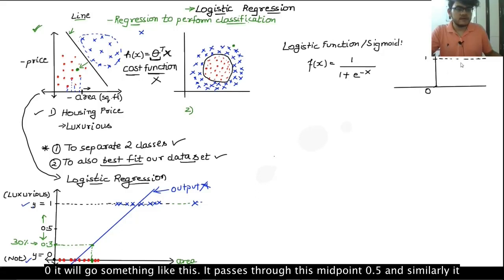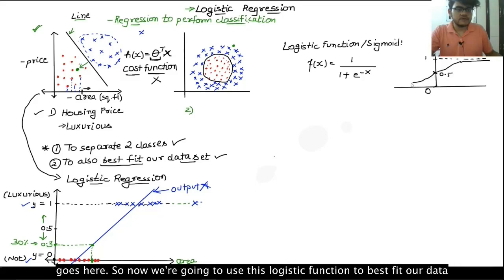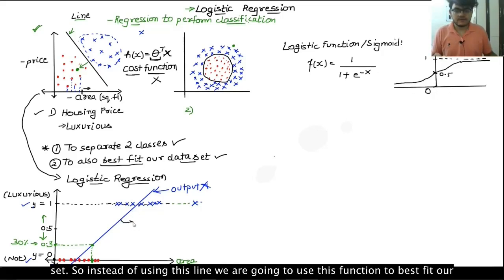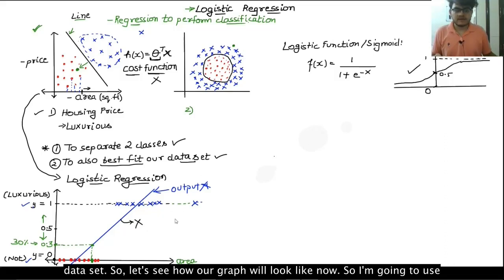It will go something like this. It passes through this midpoint 0.5, and similarly it goes here. So now we're going to use this logistic function to best fit our data set. Instead of using this line, we are going to use this function to best fit our data set.